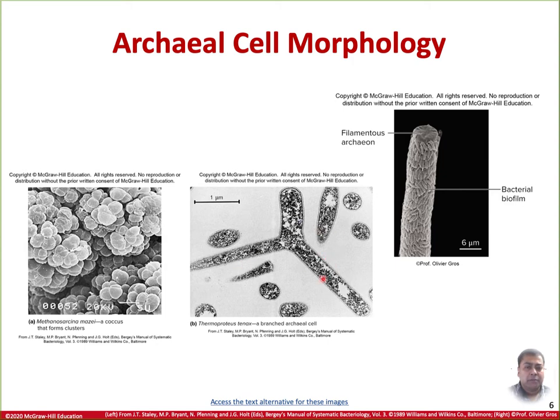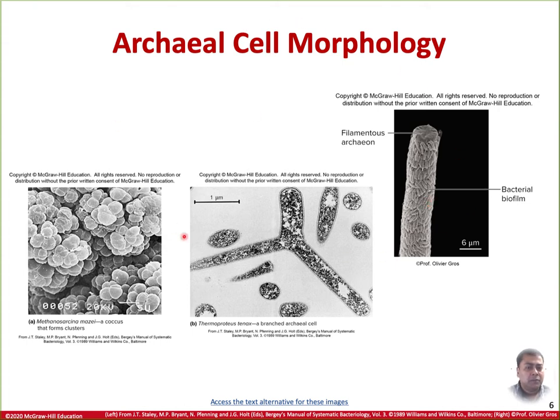You can see that it's branched right here. These filaments are covered by a biofilm in rod-shaped bacteria, and these bacteria may be symbionts of host archaeans. They can attach to the host by this filamentous structure, and this forms a biofilm.